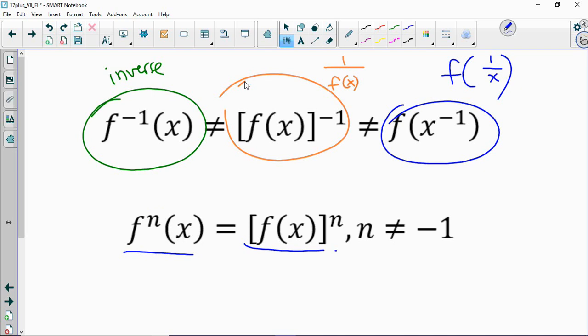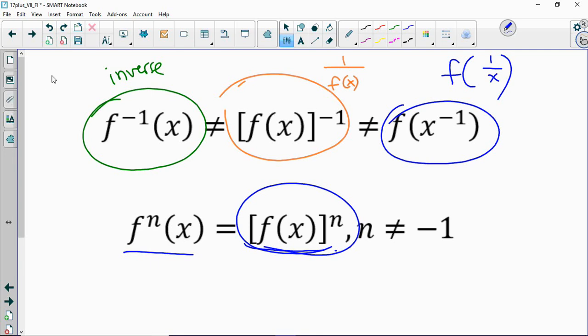I'm going to do my best most of the time throughout this course. If I want you to raise a function to a power, I'm going to use this notation most of the time. Not always. Be on the lookout for both. If you see one, you're not sure what it is, ask. But if it's negative 1, for sure, the one on the left, that is an inverse. The one on the right, that is a reciprocal.